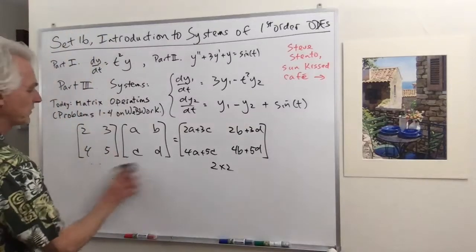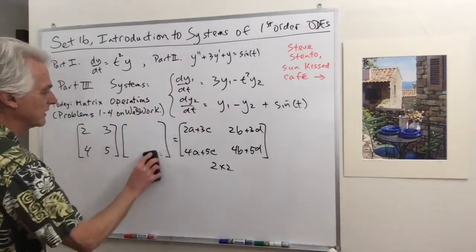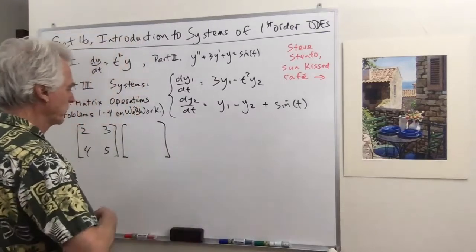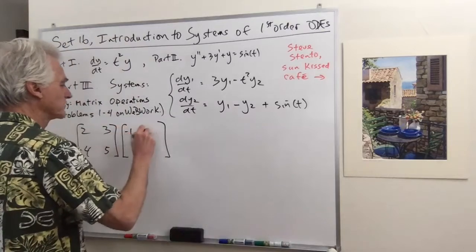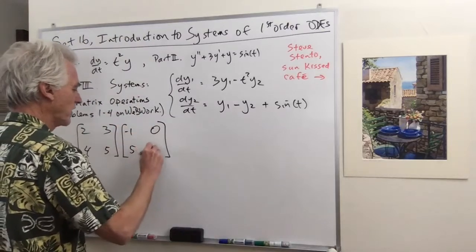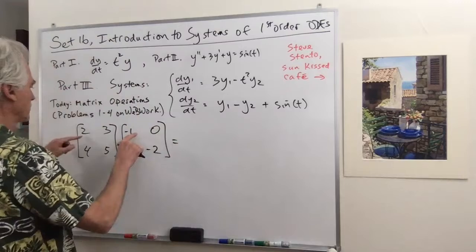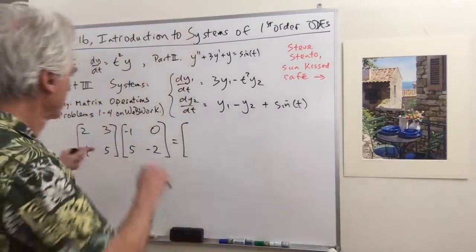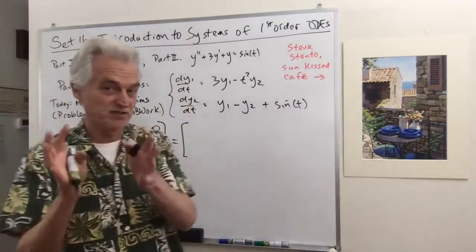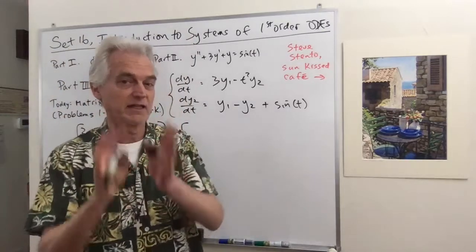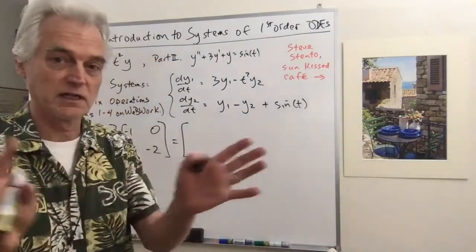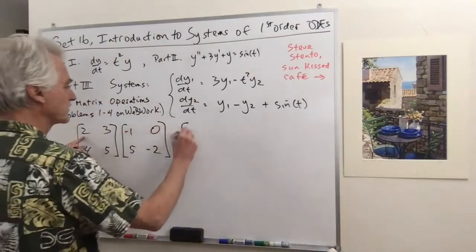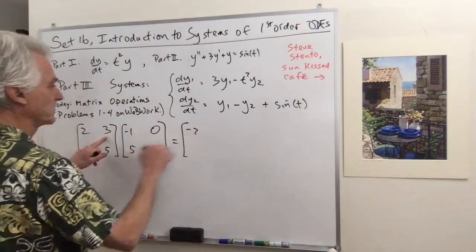Let's do an example. Instead of a, b, c, d, let's just put in some numbers, and some negatives now. Let's suppose I have this times -1, 0, 5, -2. What I'm going to do here is do the multiplication and take care of the sign in my head, not try to do the addition as well. So I get -2 plus 15.